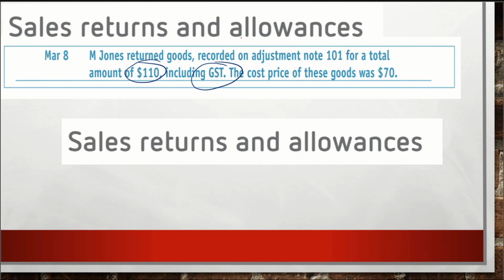Now remember, when we originally sold this, we said GST payable would be credited because that GST we owe to the tax office. We now give a discount or he returns a product, so we're not going to owe the GST to the tax office. What is the cost price of the product? $70. Why is this important? Because this affects my inventories.